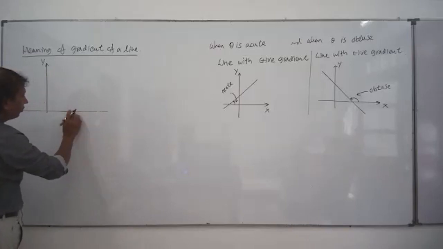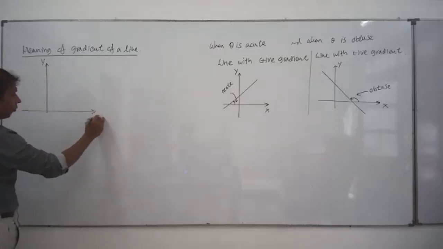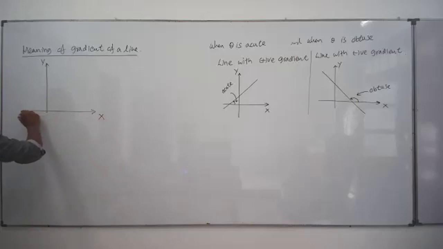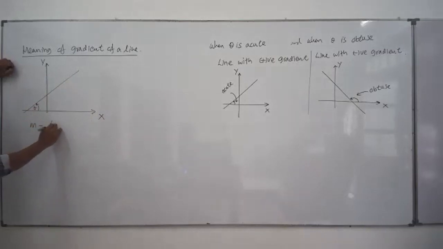You draw this diagram. This is theta. Gradient is tan theta. M equals tan theta. Gradient is m.